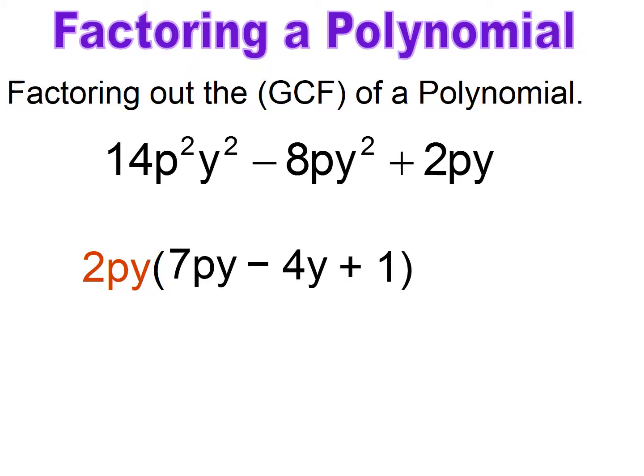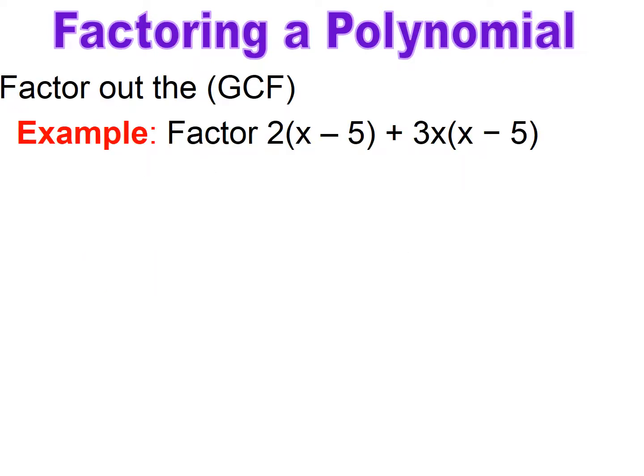You have to have that plus 1, otherwise when you redistribute it, you will not get what you started with. So 2py divided by 2py equals 1, and you need that position in the parentheses. So do not forget to put the plus 1 or the minus 1 in some cases.